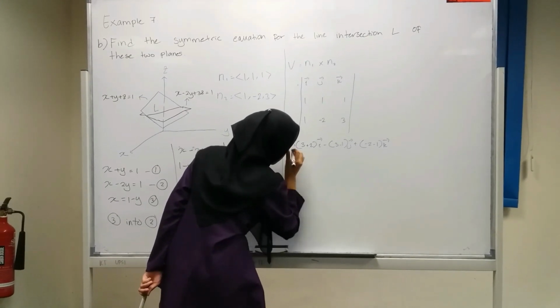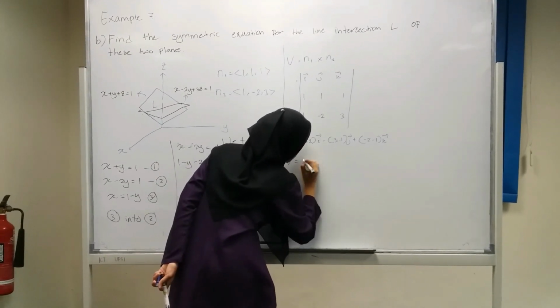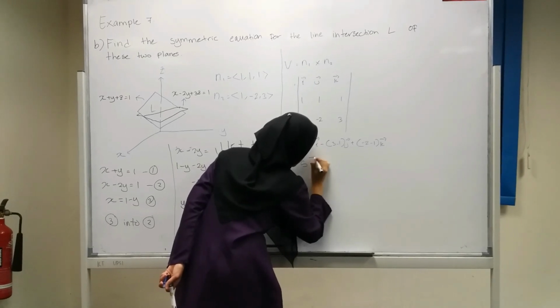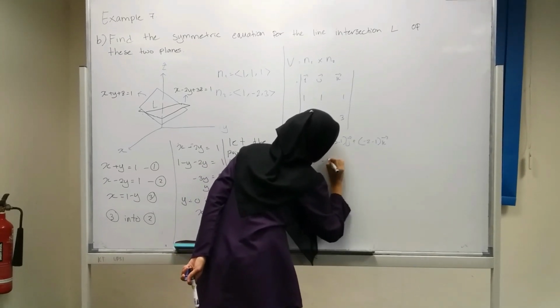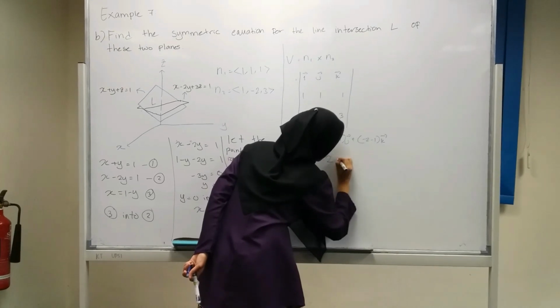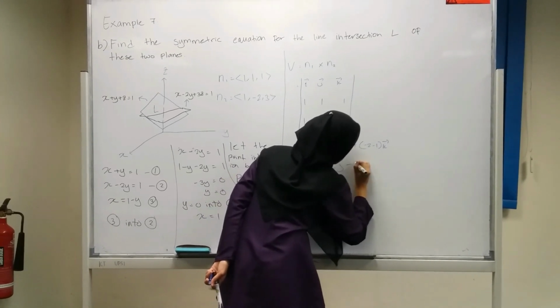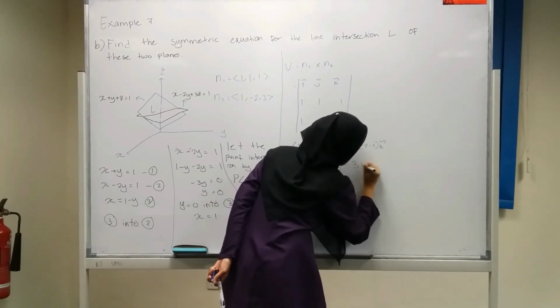So we get the vector v equation is 5i minus 2j minus 3k.